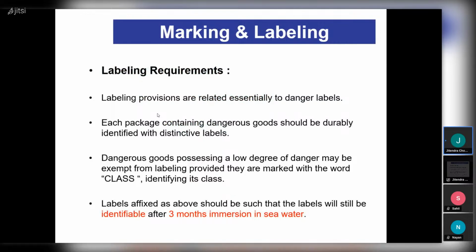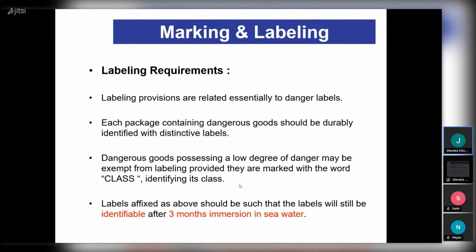Then labels. Labels are the danger label, the class labels. Then the package containing dangerous goods should be durably identified with distinctive labels. Dangerous goods possessing a low degree of danger may be exempted from labeling provided they are marked with the word class identifying its class.